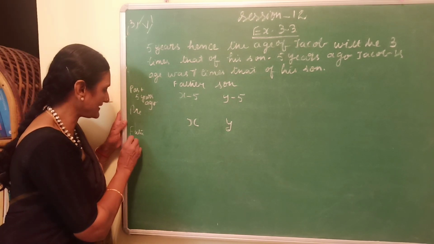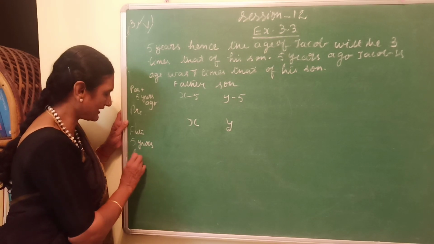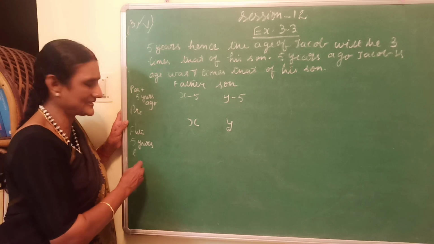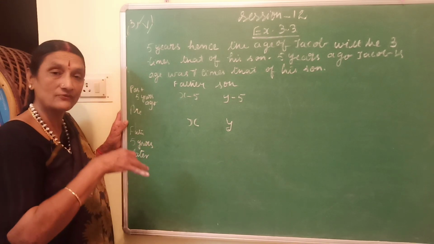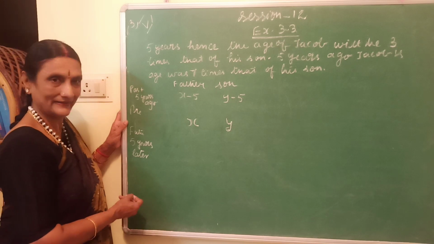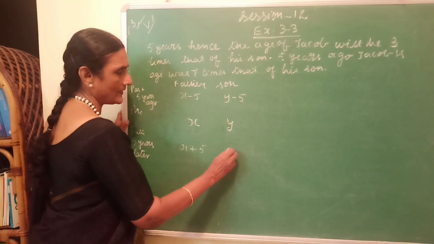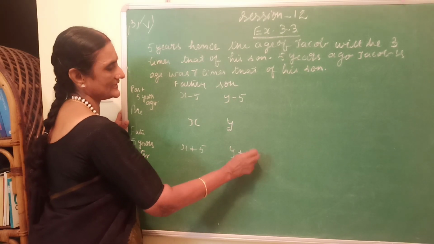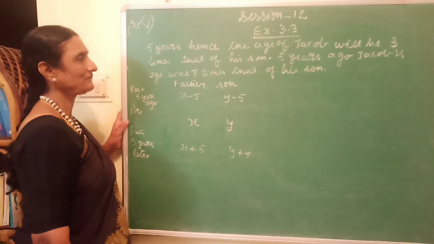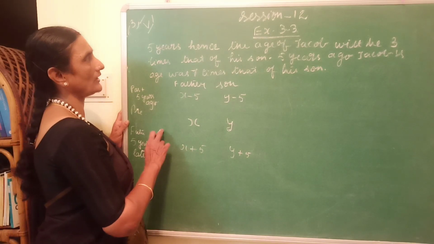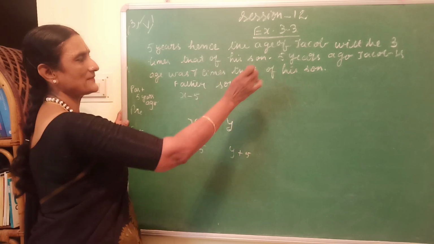So I can write here 5 years later, in a language which you can easily understand. 5 years later or 5 years from now. Nothing wrong in that. So this age will be X plus 5 and Y plus 5. This is very fundamental. Now coming to the equations, 5 years before, what was the comparison? Father was 7 times that of the son.